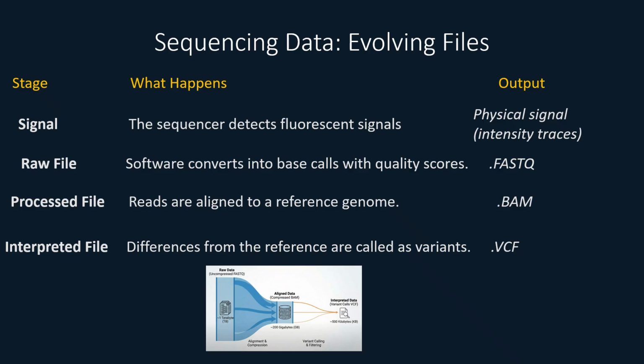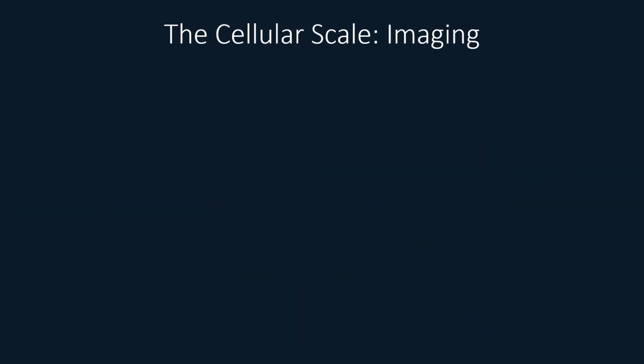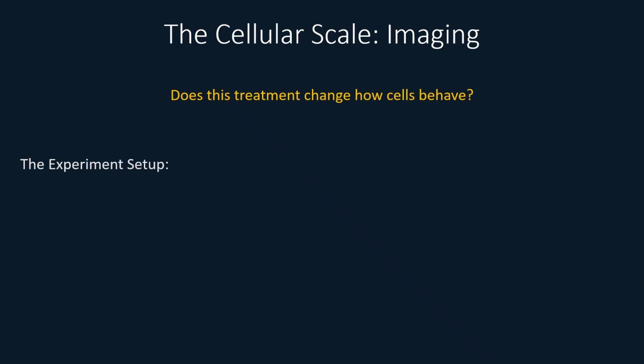Now let's see the cellular scale. For the cellular scale, maybe an example question could be, does a treatment change how cells behave? So biologists culture cells, apply treatments, and stain different cellular structures.